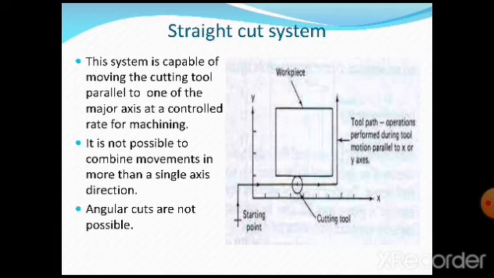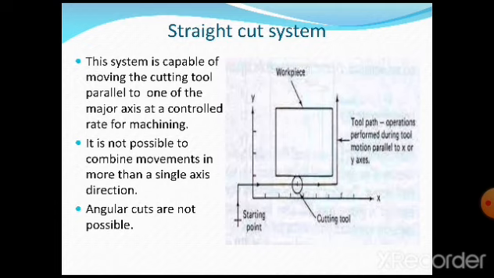In the previous case, in the point-to-point system, if I want to drill holes at different points on a workpiece, then I can take the coordinate values of x and y both. But here only one axis has to be considered at a time, as you are going to see very clearly on the screen. Here also you are going to have a starting point, then the movement of the cutting tool being traced along a straight line.